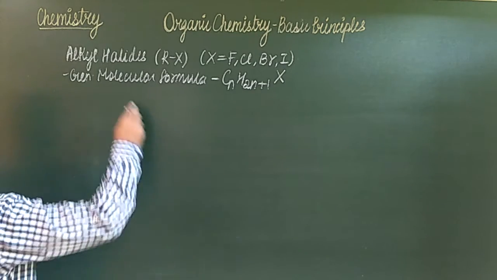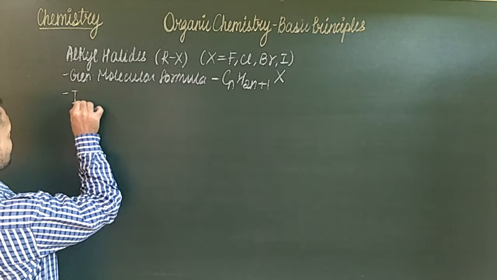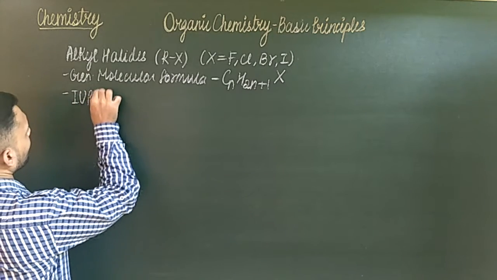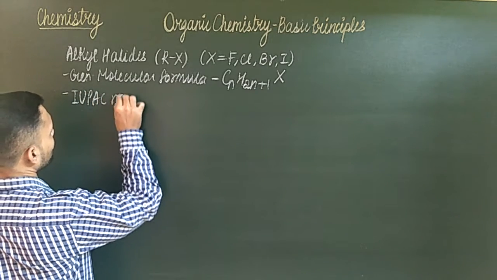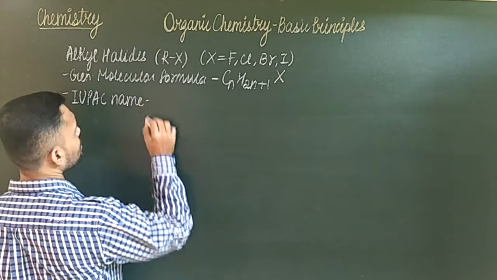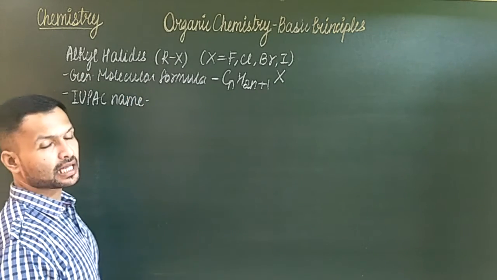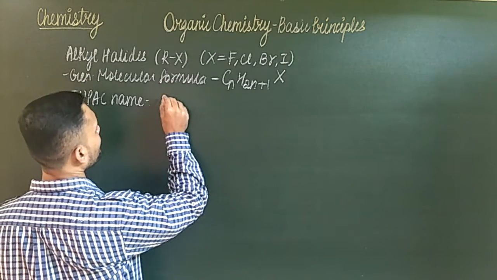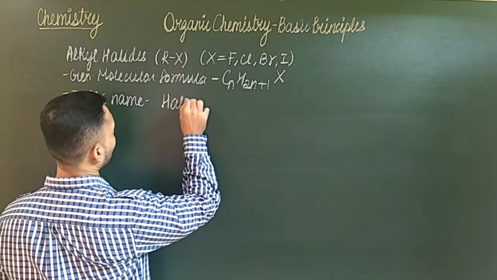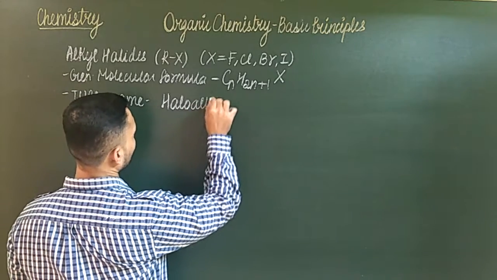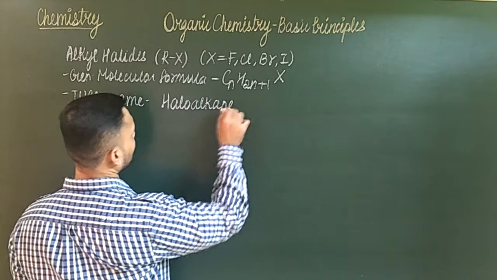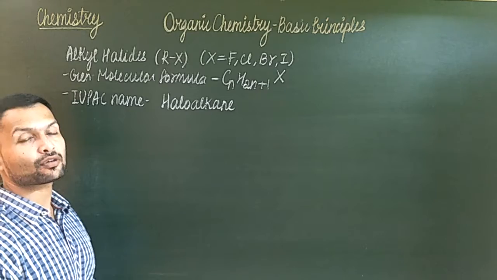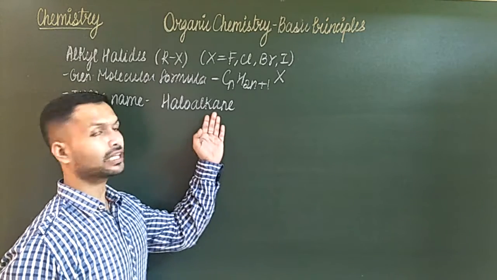Simple as that. Next, in IUPAC naming, the halogen generally comes as a substituent. In IUPAC naming also they are written in prefix only, as haloalkanes. If it's a derivative of alkane, it is haloalkane. If it's a derivative of alkene, haloalkene.